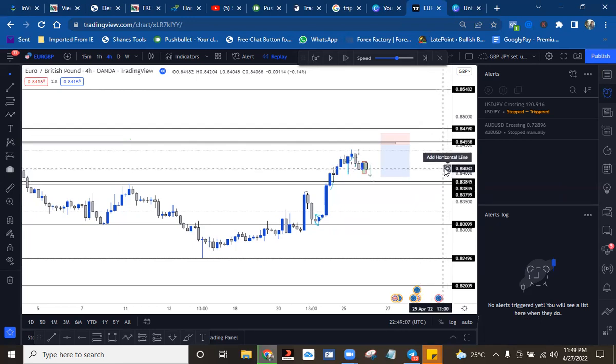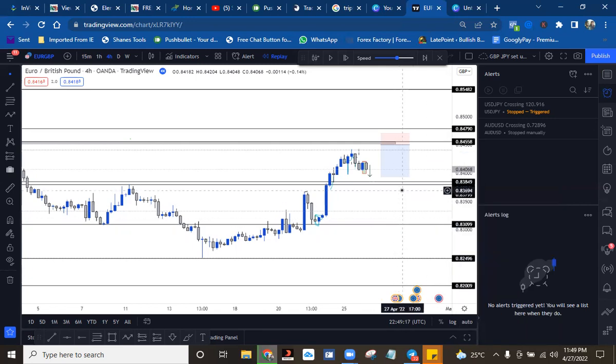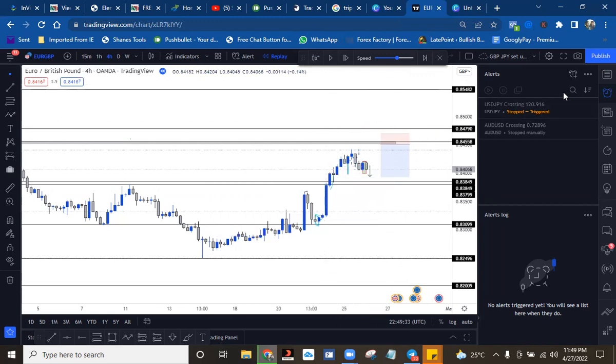No. I've forgotten where I usually set that alert from. Okay, maybe we'll have to look for that later. Okay, here, from here, I meant to say create alert. If you click on create alerts, alerts are not currently available in replay mode. That's because I'm on replay mode, so it's not going to work until I remove the replay mode.